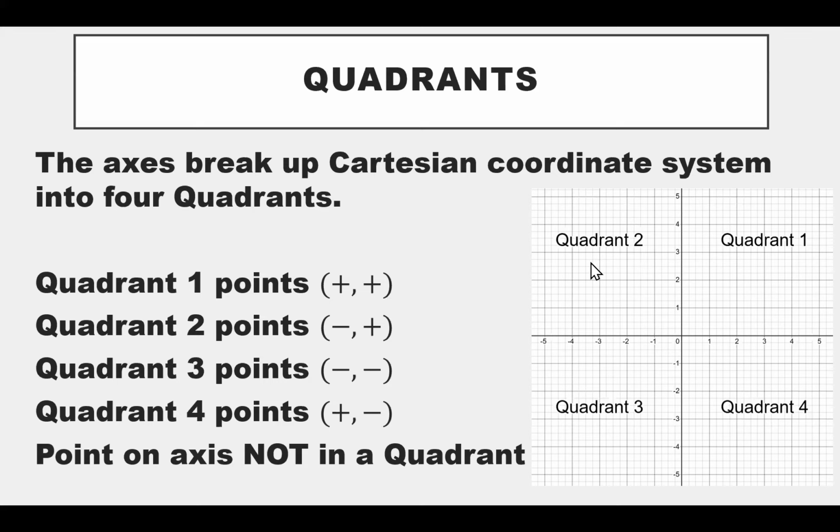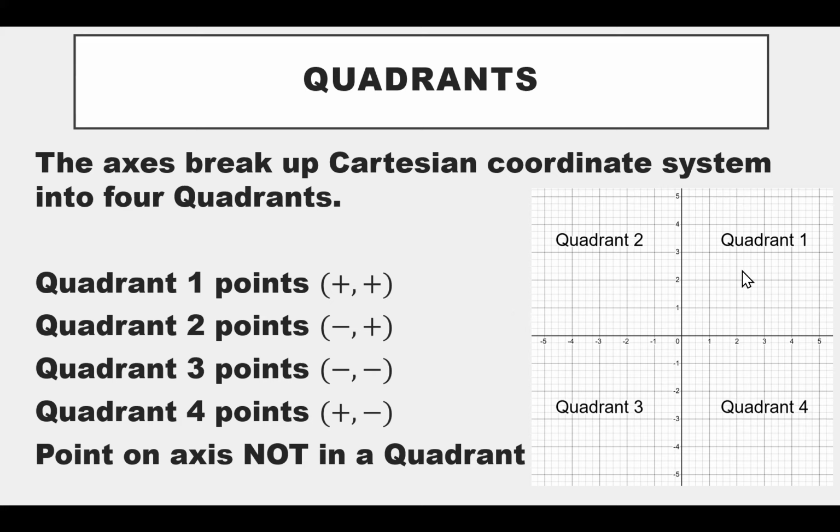Quadrant 2 is in the upper left-hand side. Quadrant 3 is in the lower left, and quadrant 4 is in the lower right. What we typically do is we think of it as starting at quadrant 1, and then 2, 3, and 4 are labeled that way by moving counterclockwise.